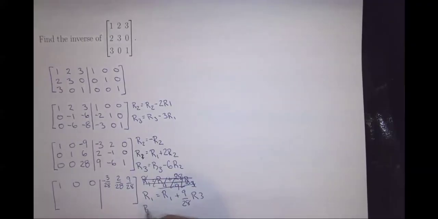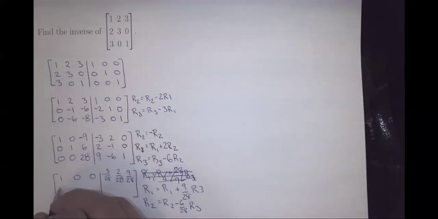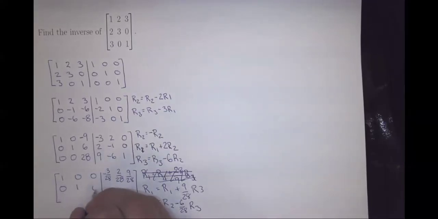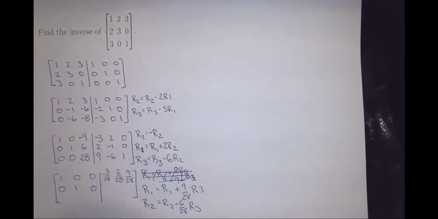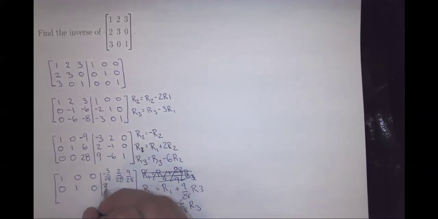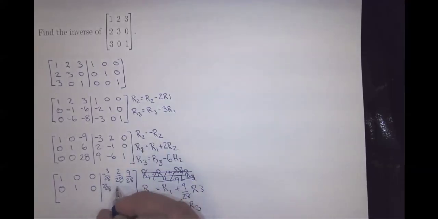For row 2 is going to be equal to row 2 minus 6 over 28, row 3. So we end up with 0, 1, 0, 2 over 28, 8 over 28, and negative 6 over 28.